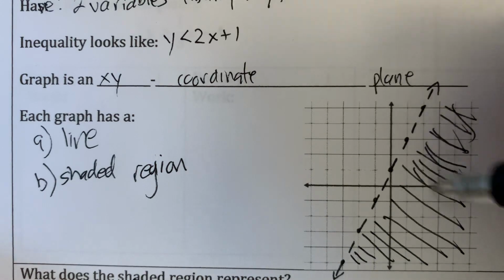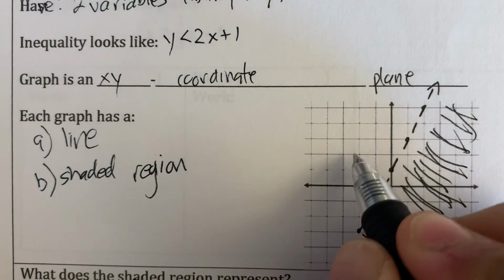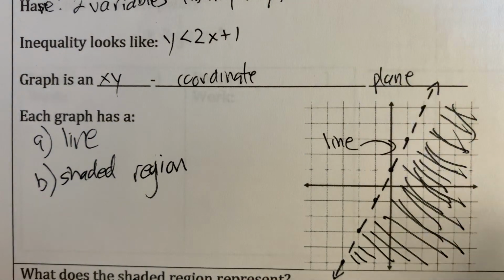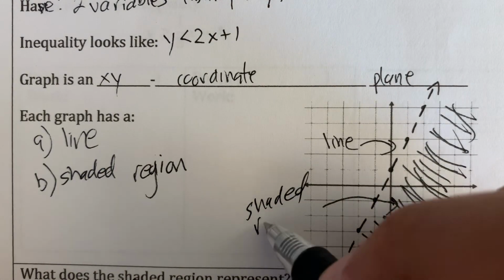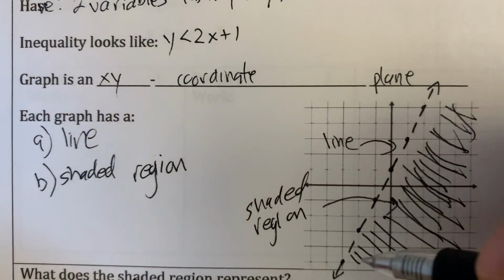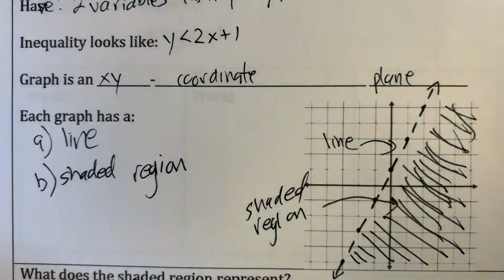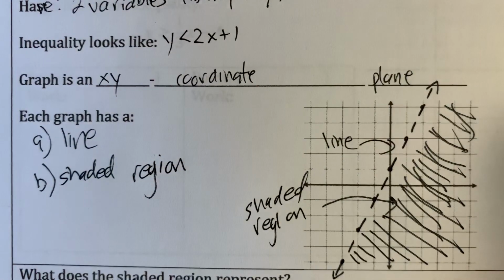So for all of your linear inequalities, as you're graphing these, make sure that you have two things: the line, and this shaded region. And that shaded region is always going to be on one side of the line. It's either going to be below it like this, or above it like this. In the next couple examples, we're figuring out which side to shade.